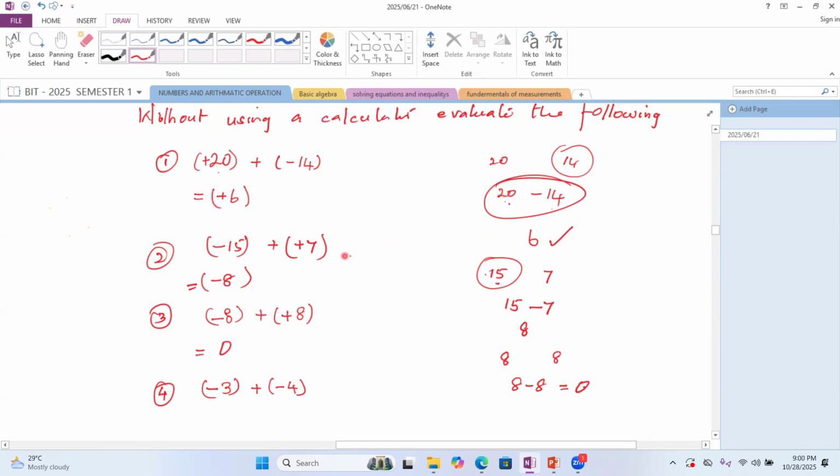Here 20 is positive, here 50 is negative. For the same value with opposite signs, we subtract one from another, that is 0, there is no sign.